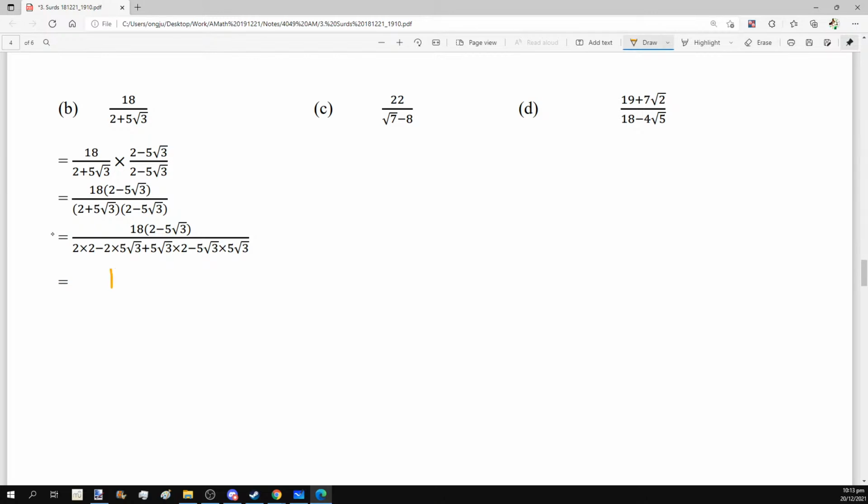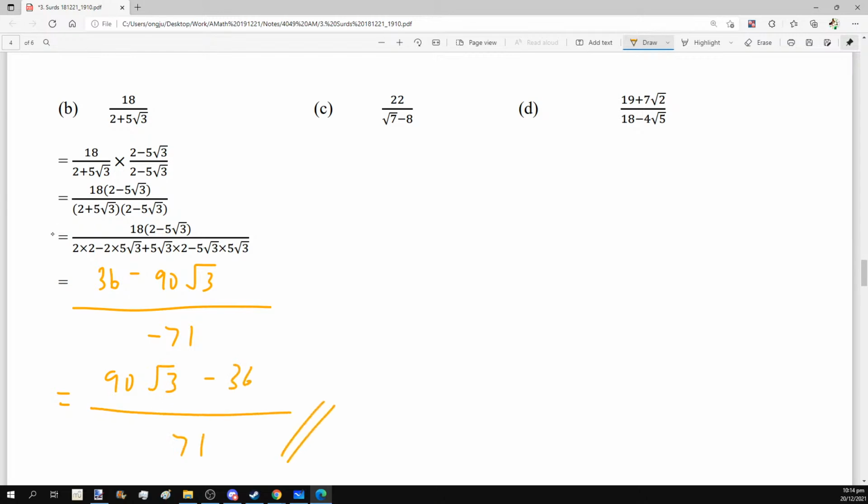So in this case, the numerator 18 multiplied by 2 minus 5 root 3, we should get 36 minus 90 root 3 divided by, and then your denominator here, as we said just now, from the A square minus B square, will simply give you negative 71. From here, if you want to simplify the surd by moving the negative sign over, you can do that, and then we are already done.